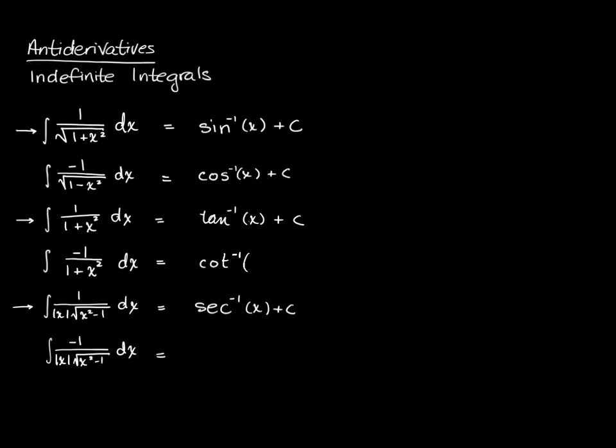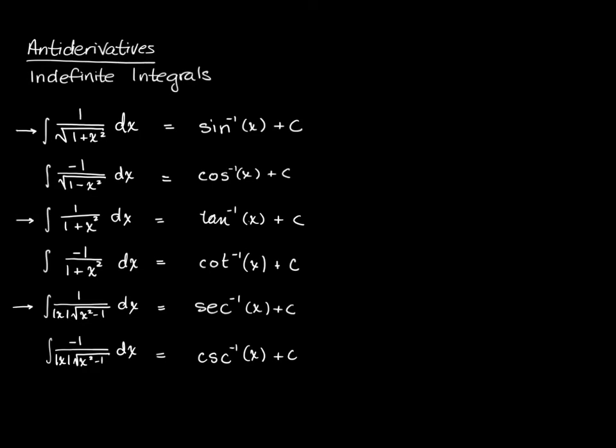If you know the antiderivative of 1 over 1 plus x squared is tangent inverse, then the opposite of that is cotangent inverse. The antiderivative of 1 over the root of 1 minus x squared is sine inverse.